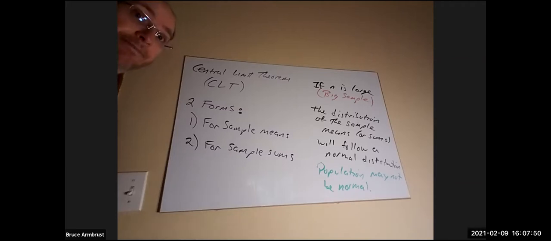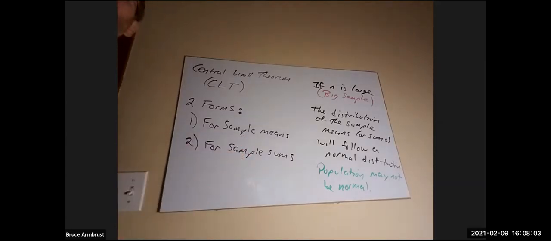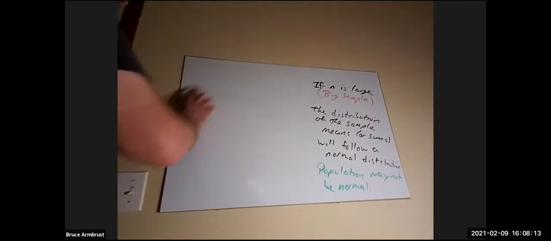Well, if they are going to follow normal distributions, we should be able to describe them like we did other normal distributions and calculate things like z-scores. So let's look first at sample means. We'll get back to the sample sums in a little bit.